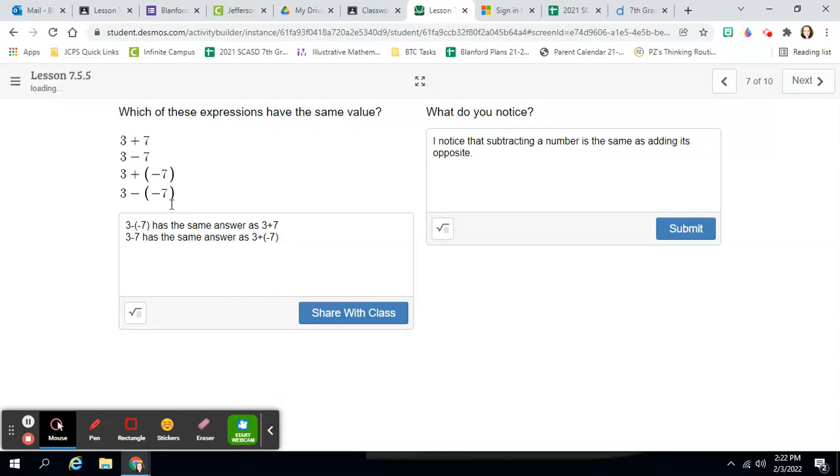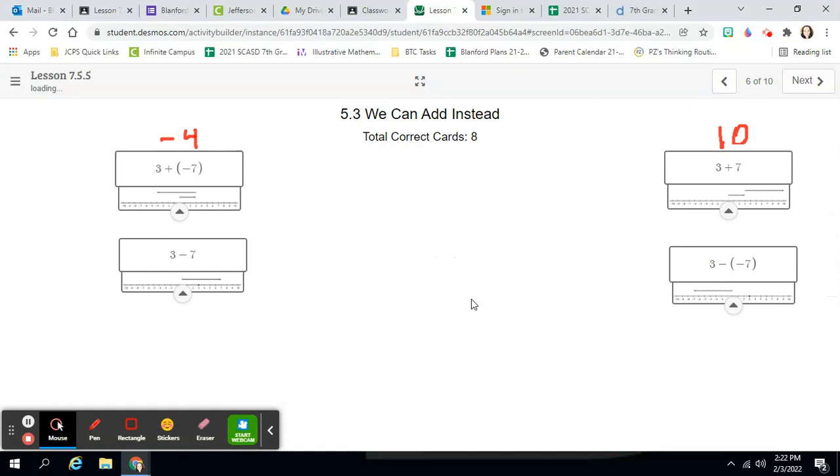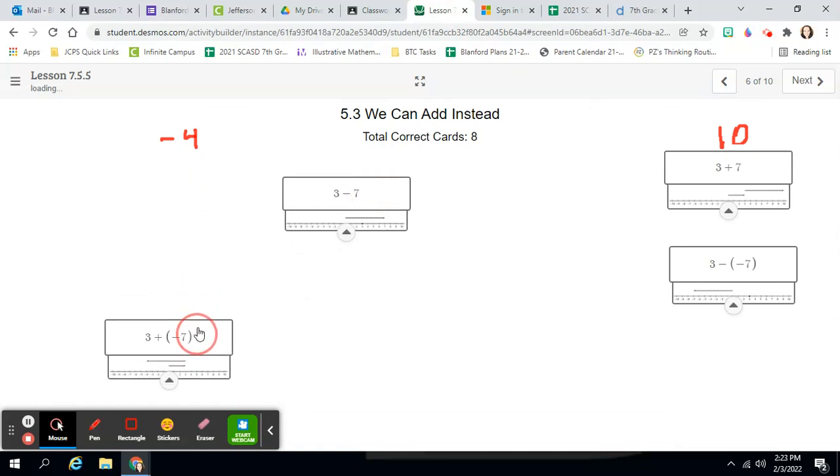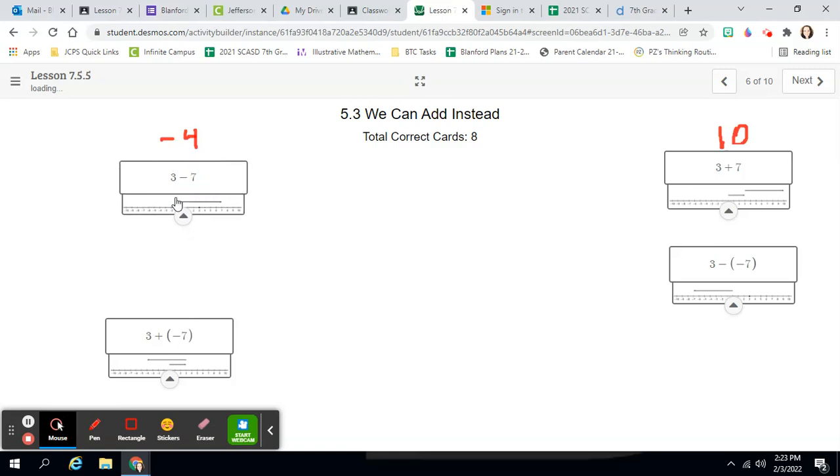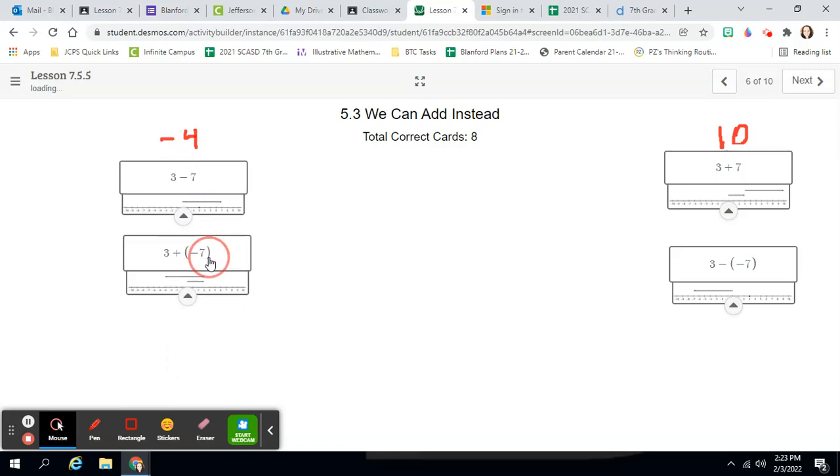All right, so I went ahead and wrote in what we discovered from the previous slide. And then it's asking me, what do you notice? So I'm going to go back over to this slide to explain that. I noticed that if I'm subtracting, so 3 minus positive 7, it ends up giving me the same thing as adding the opposite of the previous number, right?